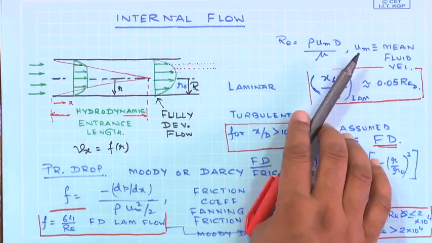So, the way we have defined fully developed flow from a hydrodynamic point of view, that the velocity at any r is independent of x, cannot be said for thermally fully developed flow, because the velocity at any r will remain fixed, but the temperature at that r will keep on increasing, since I am constantly getting some amount of heat from the side walls of the pipe.